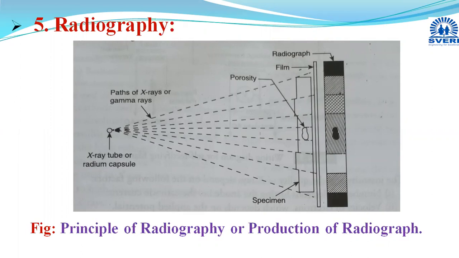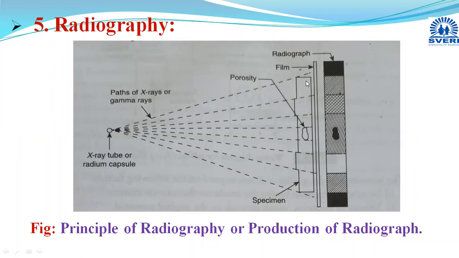Now, this radiography method is used for detecting defects in components which are manufactured by different methods like casting, forging, or welding. Now, here, how are these defects determined? Suppose in one component we want to determine the defect.